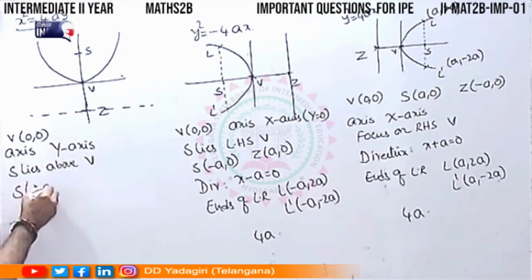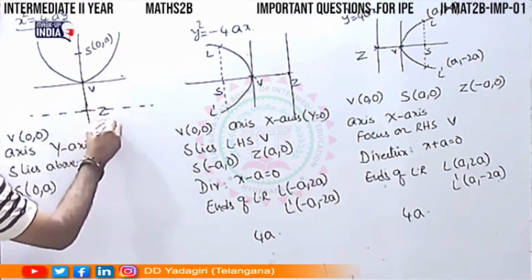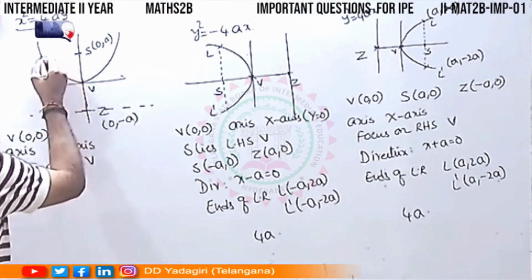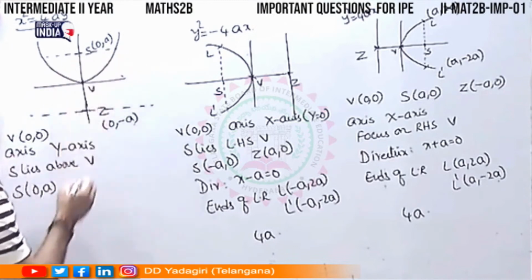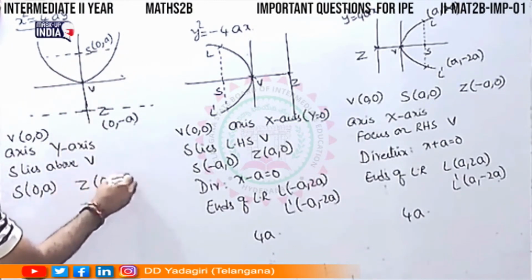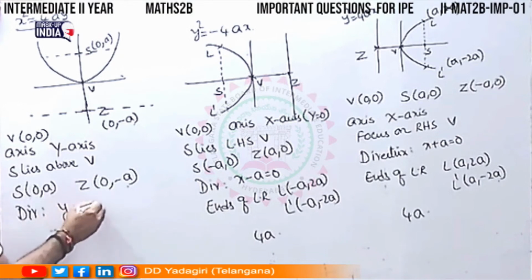Focus is (0, a), and Z is (0, -a). Directrix: y + a = 0.